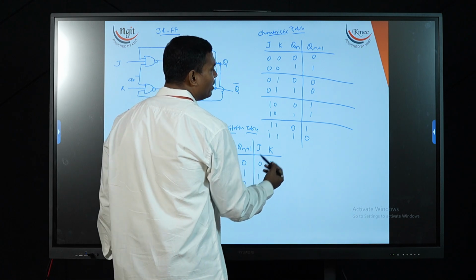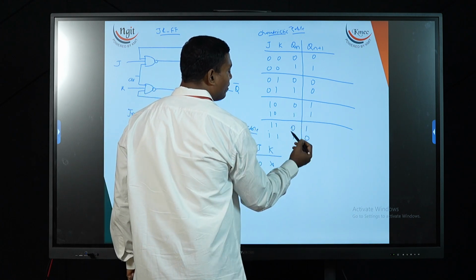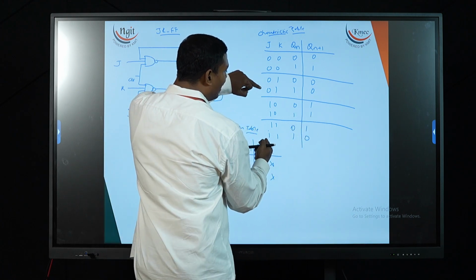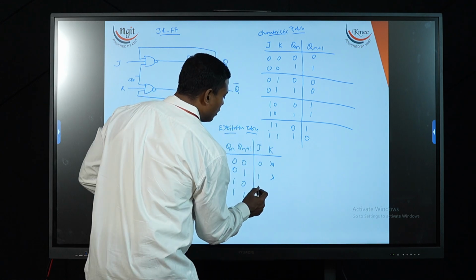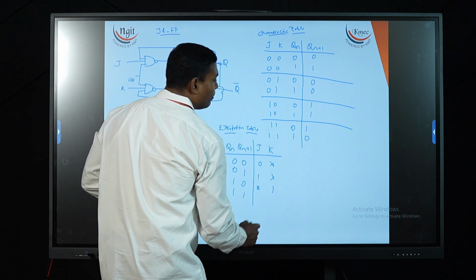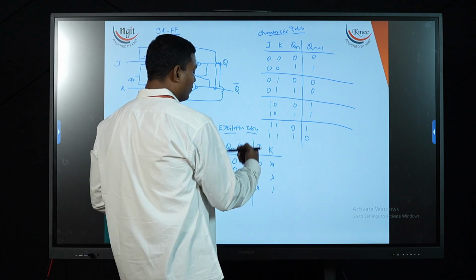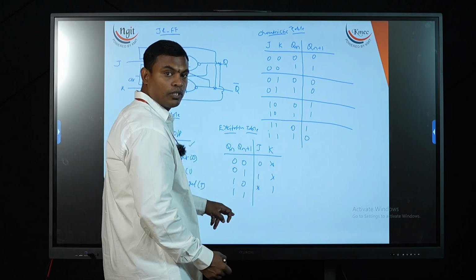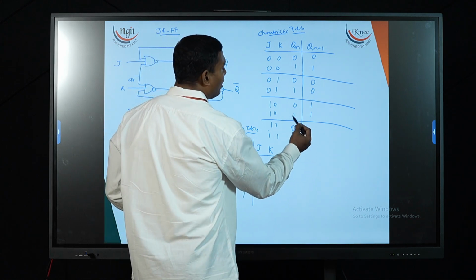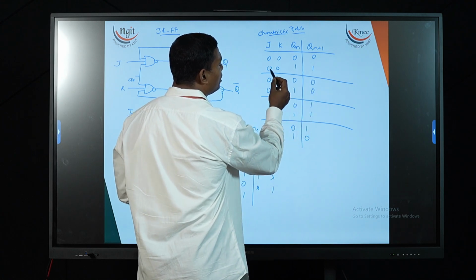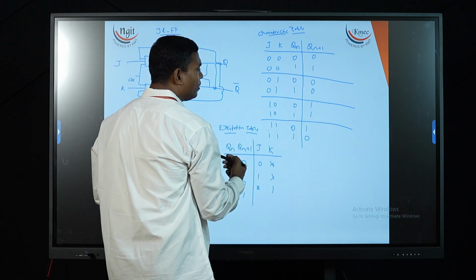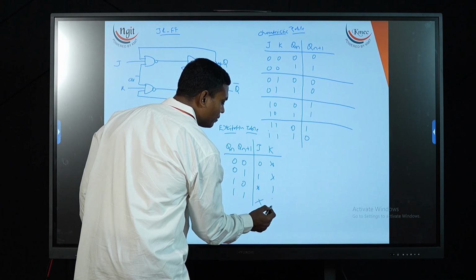Next, for the 1 0 transition, the combinations are 0 1 and 1 1, so J is changing. For the last, 1 1 transition, the combinations are 0 0 and 1 0, that is J is changing.